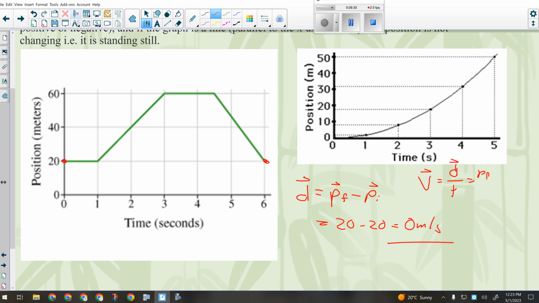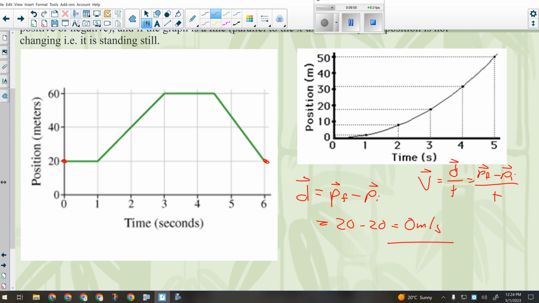And that's final position minus initial position, which is 0 over time. Anything 0 divided by anything is 0. That's 2 of the things we can calculate off of this graph. Because we can read all of this stuff and just plug it in. I can also calculate total distance and average speed off of this graph.